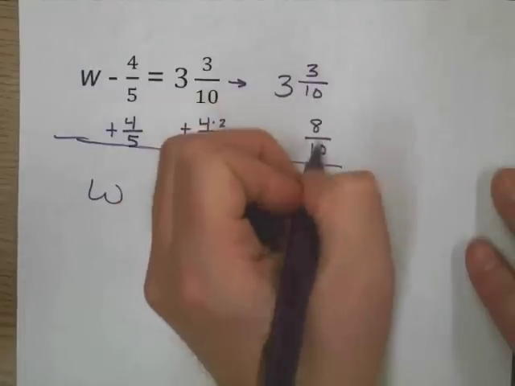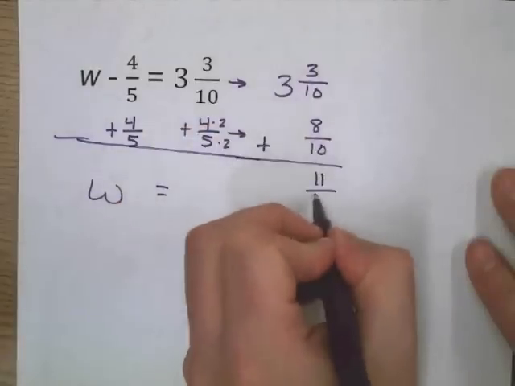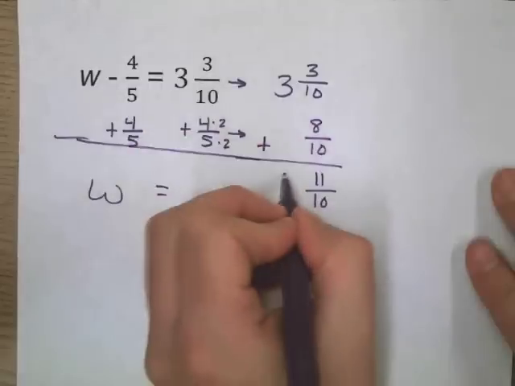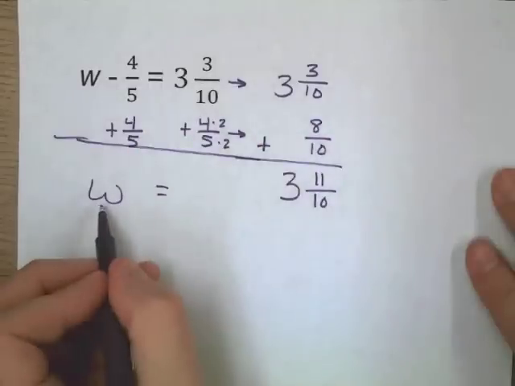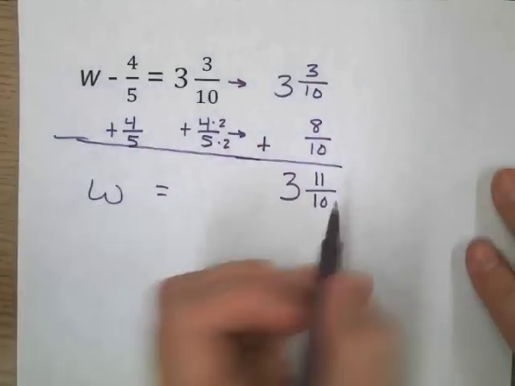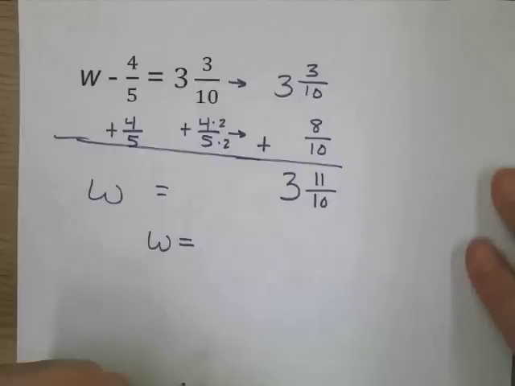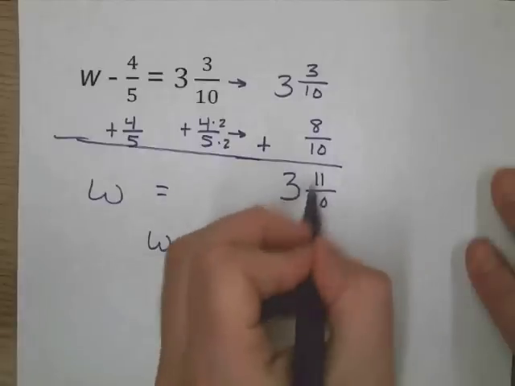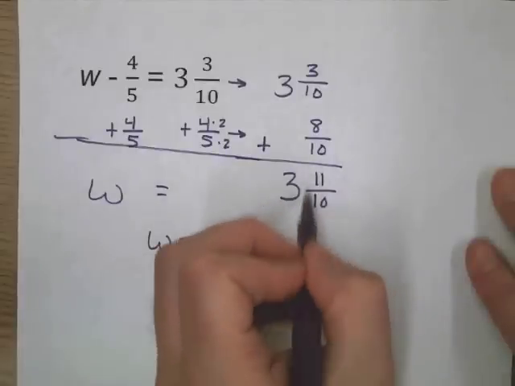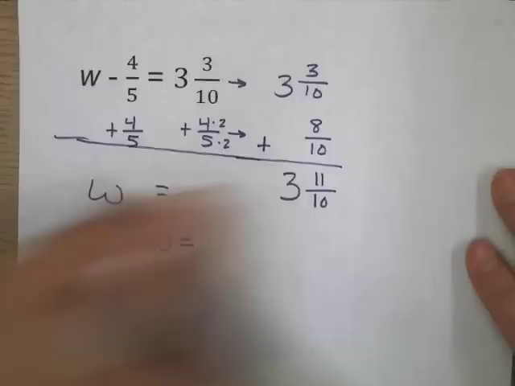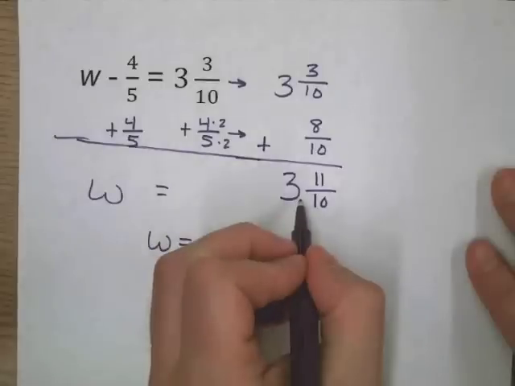So 3/10 plus 8/10 is 11/10. 3 plus 0 is 3. So w is equaling 3 11/10, but that's not the most simplified form. I want to write it in simplified form, because I notice that I have 11/10. That's greater than a whole. I can pull 10/10 out of there and think of that as a whole.